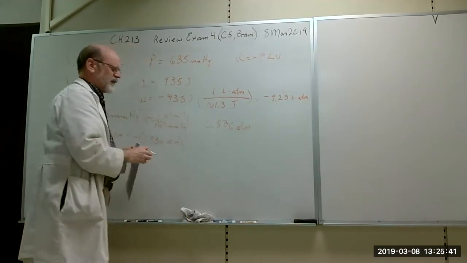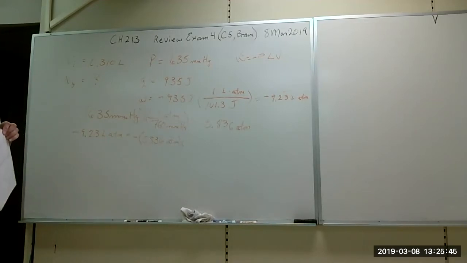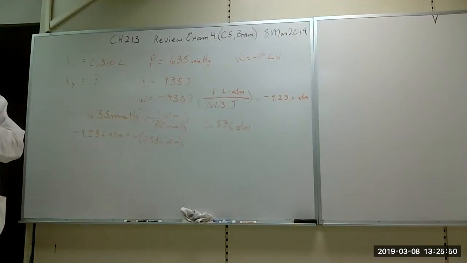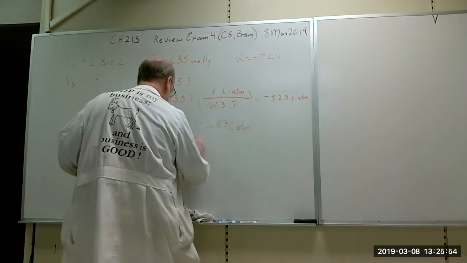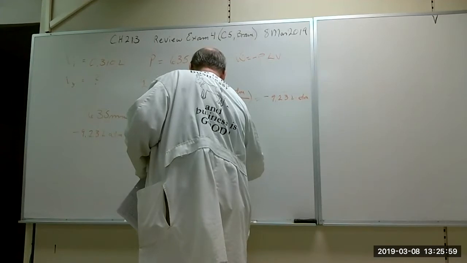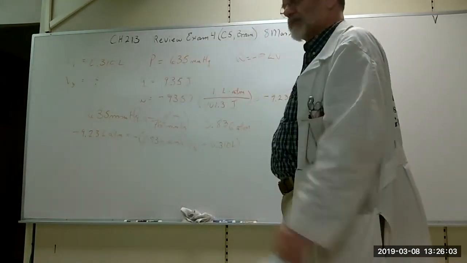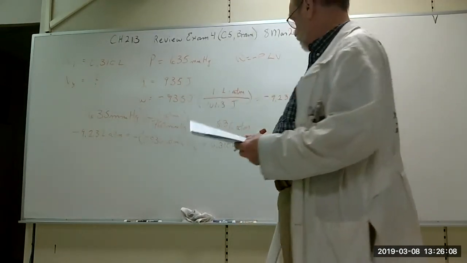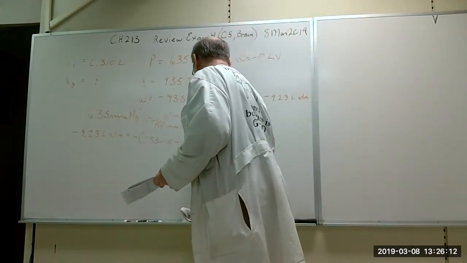And delta V is always the final minus the initial. Same thing for temperature, final minus the initial. So the final is the one we want to know, and the initial is 0.310. There's your formula, solve for the unknown.